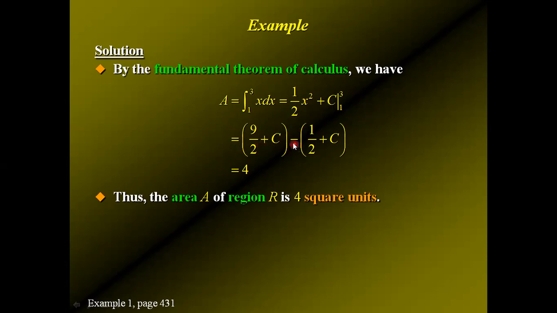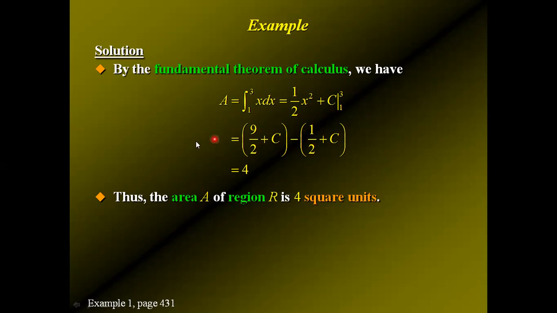After putting the upper limit, we use the minus sign, then we put the lower limit, x equals 1, which gives 1 by 2 plus c. Then c cancels, and the area equals 4. Thus the area A of the region R is 4 square units.